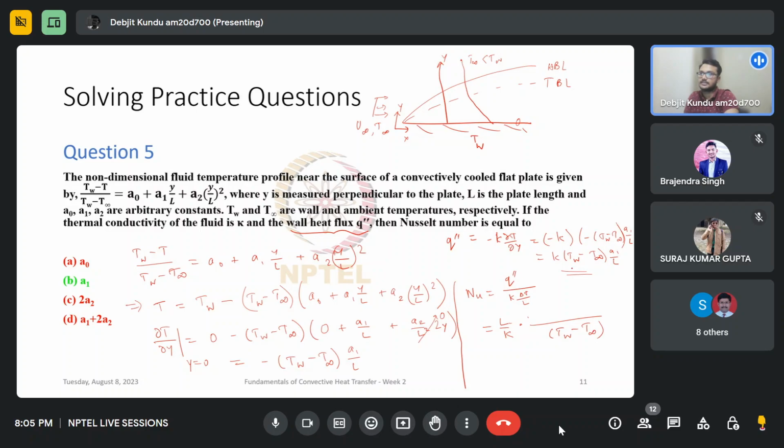And now we will substitute this value of Q double prime over here. So it will be K into A1 over L into TW minus T infinity. Yeah. So this will cancel out, this will cancel out, and only A1 would remain. So that's how B would be the correct answer.